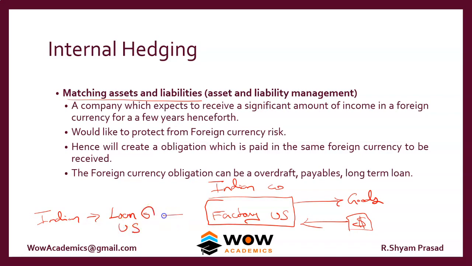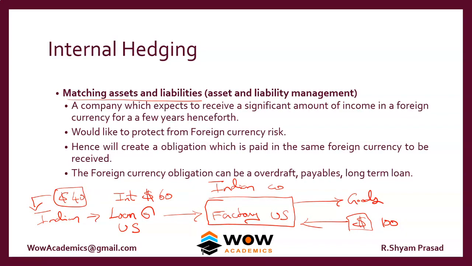With that loan, they can build the factory. So what happens is the interest that has to be paid for this loan is in dollars. So if the company is going to sell goods, it might get $100. With that $100, they're going to pay an interest of something like $60. The balance $40 alone would be converted into rupee, and that will go to the Indian company.